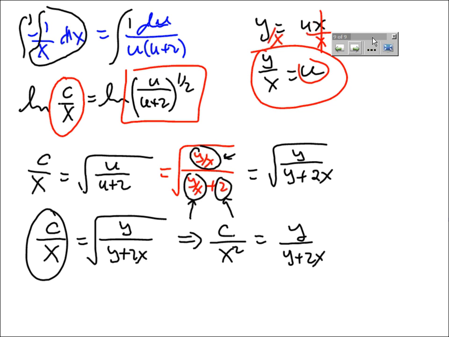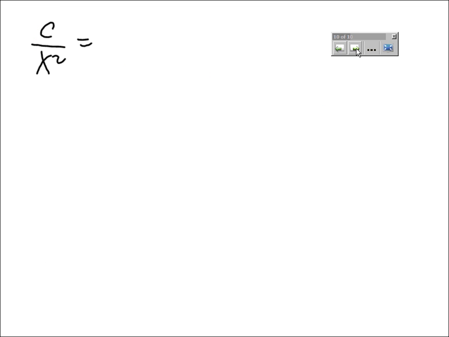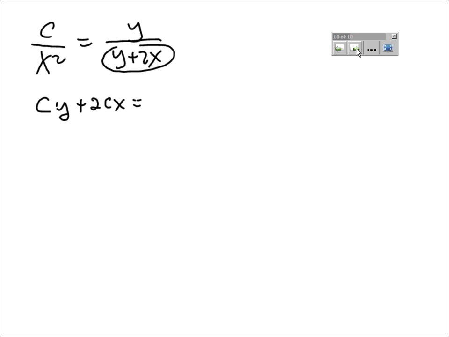I'm going to write that on the next page. c over x squared is equal to y over y plus 2x. If I cross multiply, c times that, I get cy plus 2cx is equal to that product, yx squared.